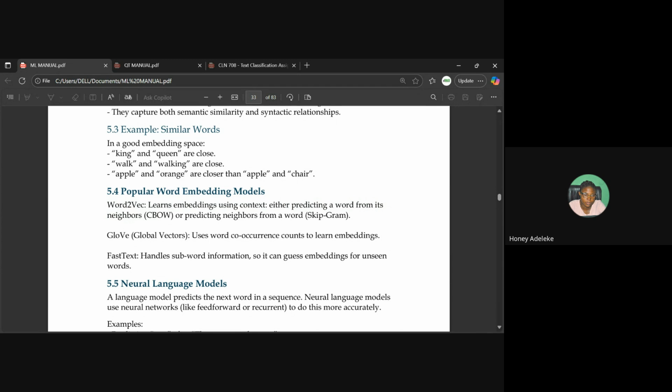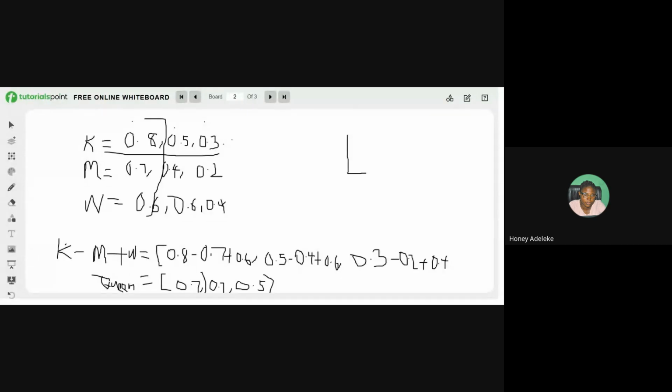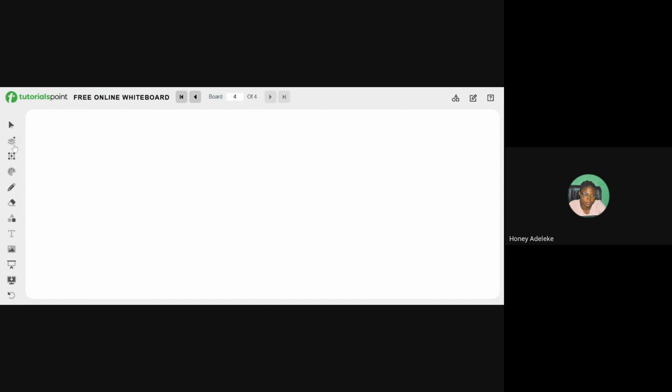Let me draw a chart for us so that we are not confused with the trend they follow. Let me create another slide. So let's say we have word embedding.